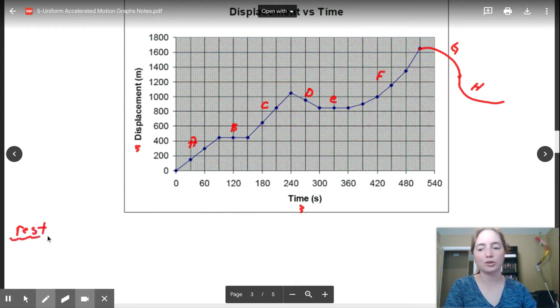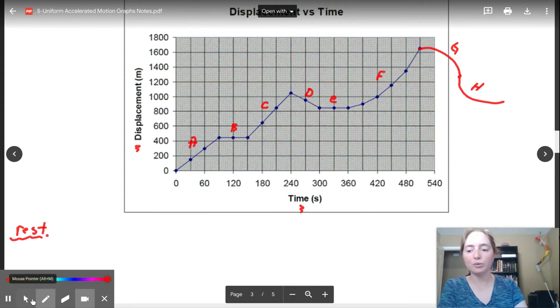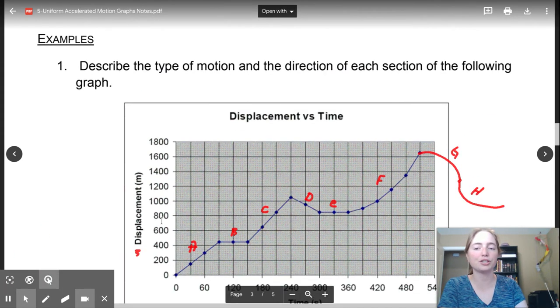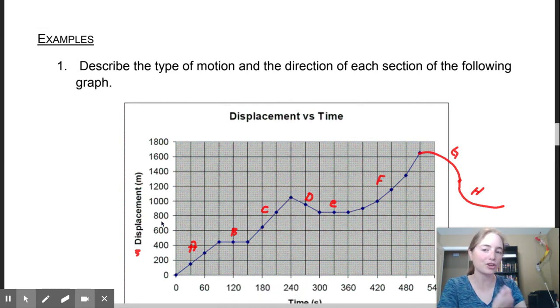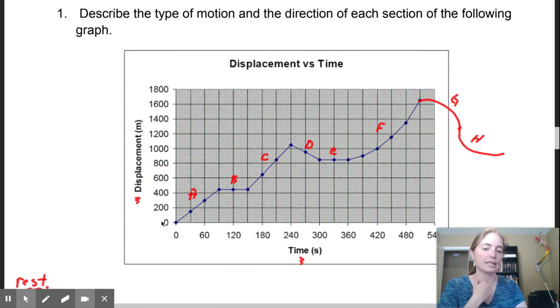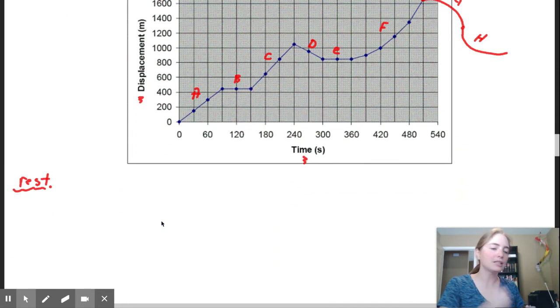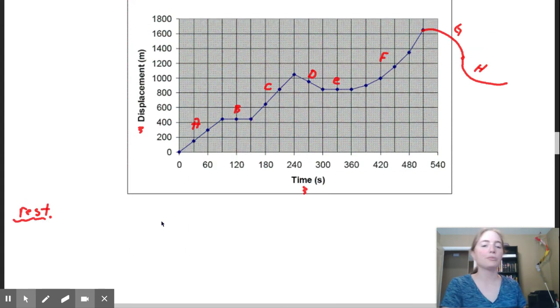Once you've done that, let us go and look at rest. The question here is asking you to describe the type of motion and the direction of each of the following sections. So, let's look at some of the different types of possible motion we could have. Because we have repeated motion and various ones, I'm not going to go A, B, C, D, E, F, G, H. I'm just going to look at the patterns of motion and tell you which ones they fit into.